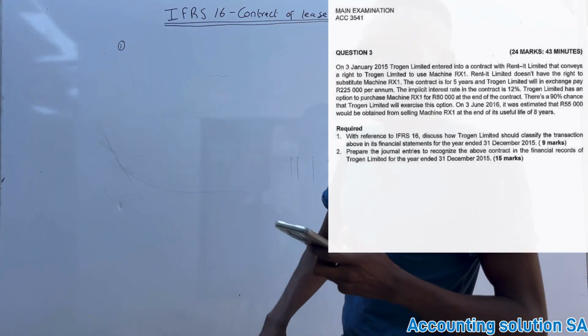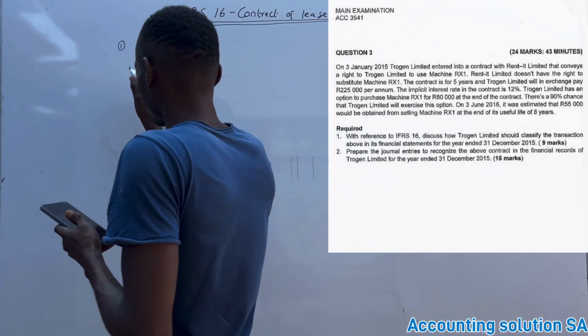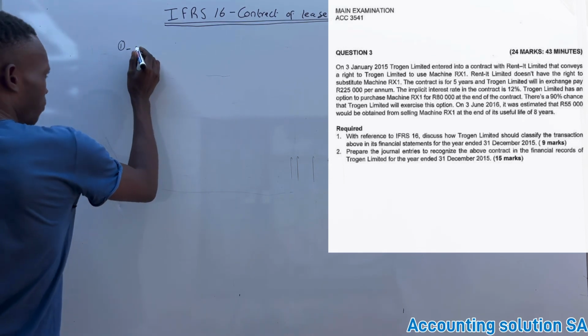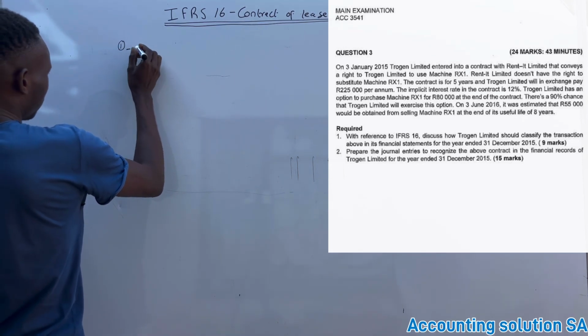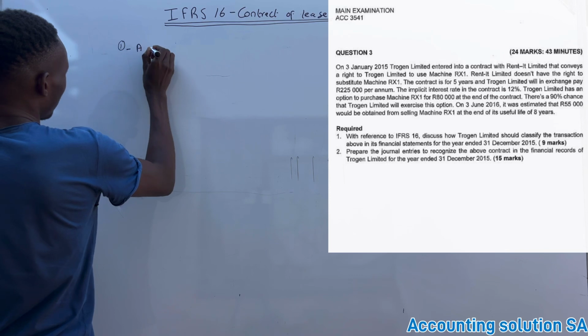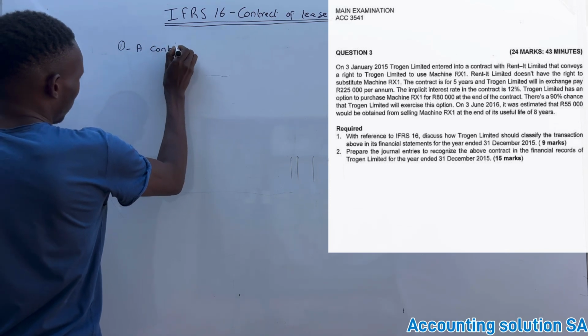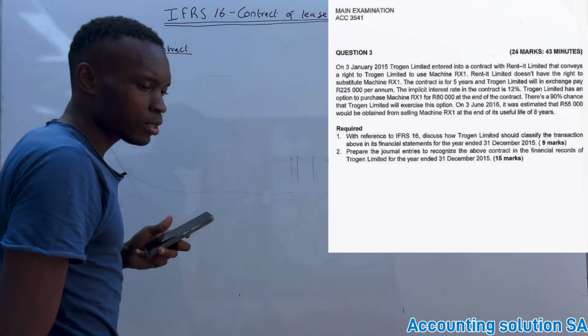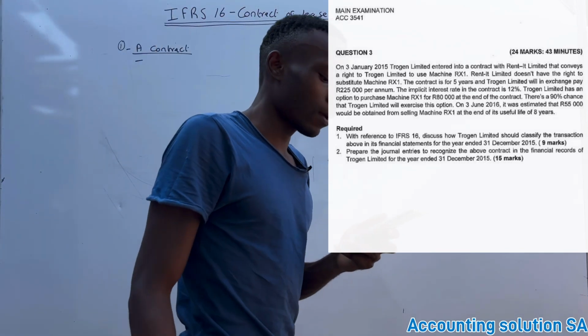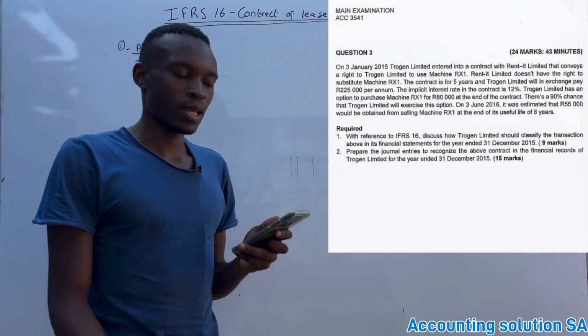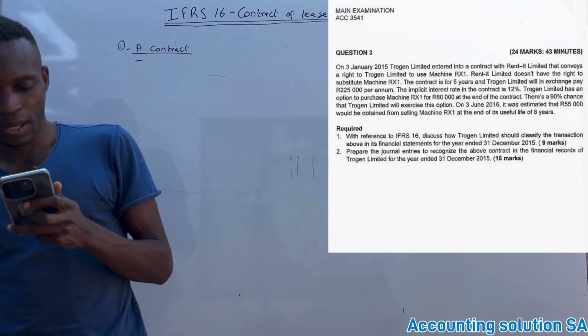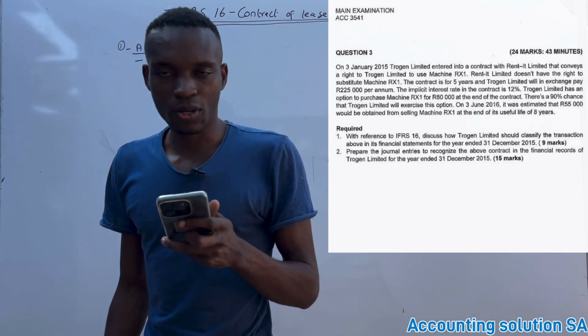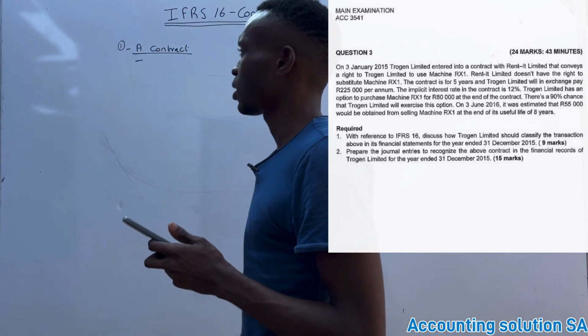This is IFRS 16. Number 1, we must discuss a contract. Is there any contract between these two businesses? Is there any contract between Rent It Limited and Trojan Limited? Yes, there is a contract between these two.